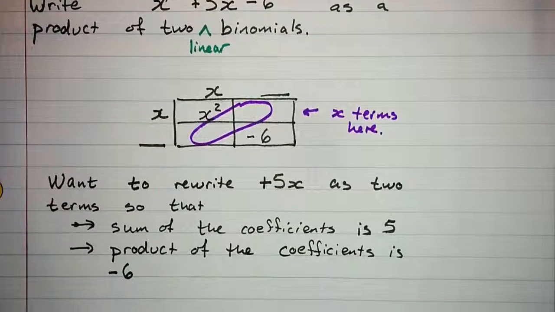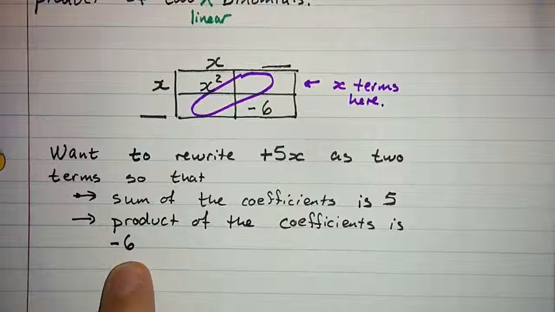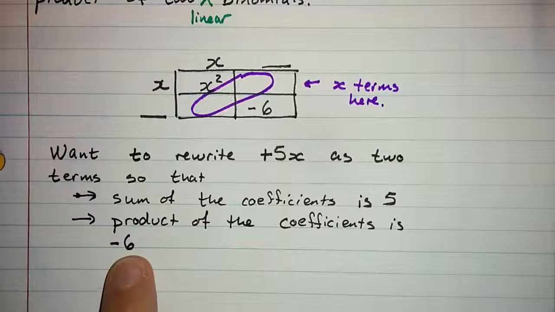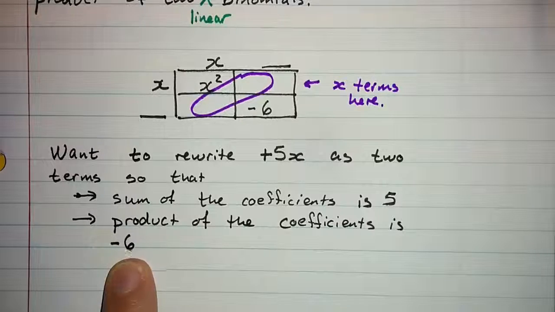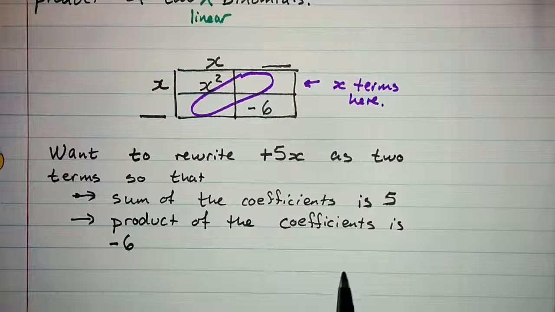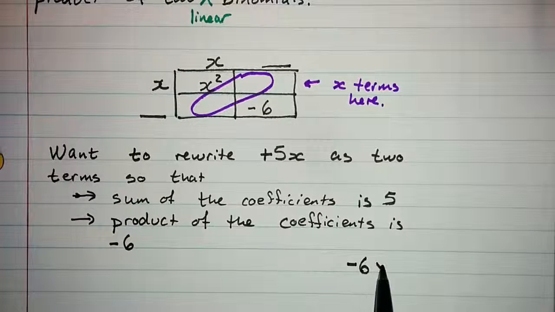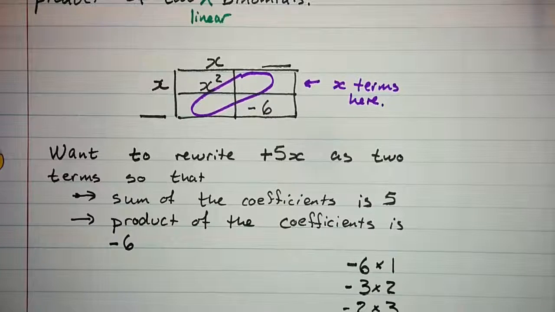Well, we can write down all of the pairs of factors of -6, right? We've got -6 times 1, -3 times 2, -2 times 3, -1 times 6.